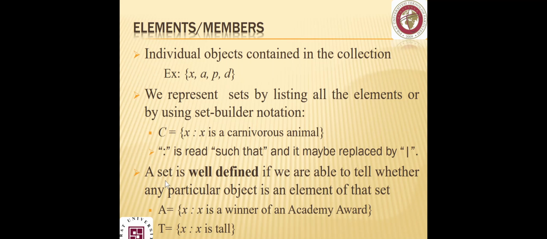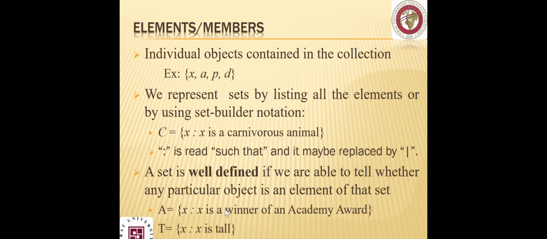All right, we have something we call a well-defined set. A well-defined set is a set that we can actually get to each and every element in it, or we can get any particular element in it, meaning that every element in the set is known to us.